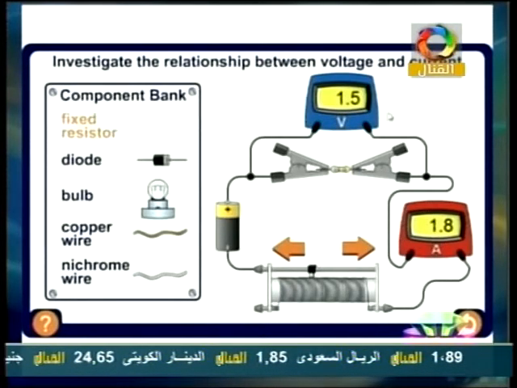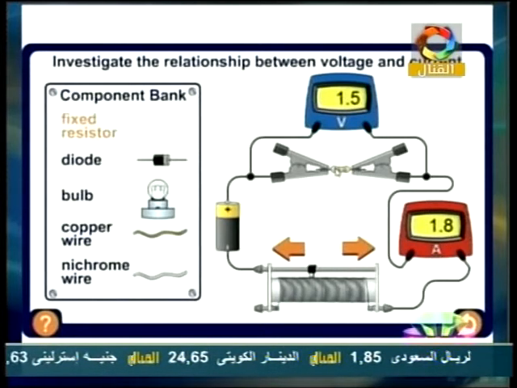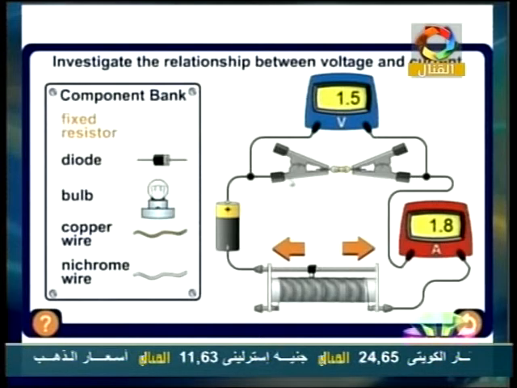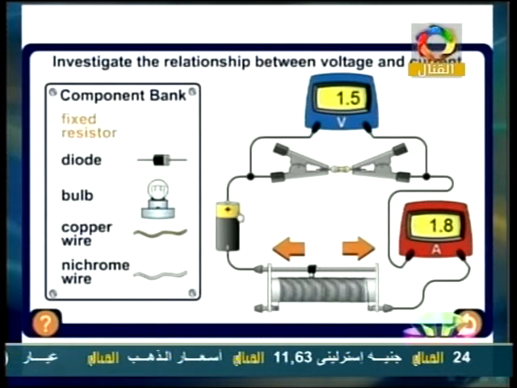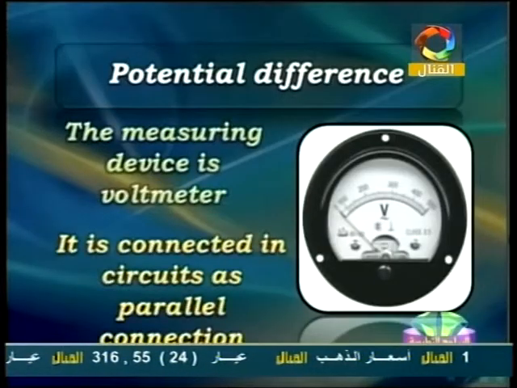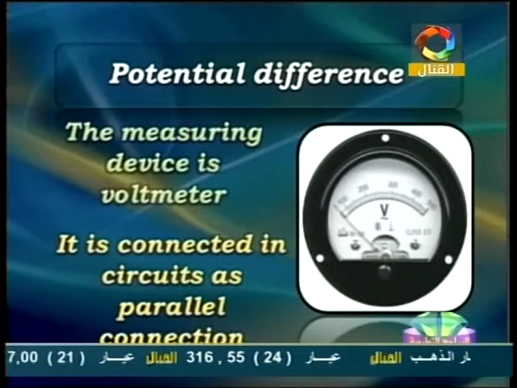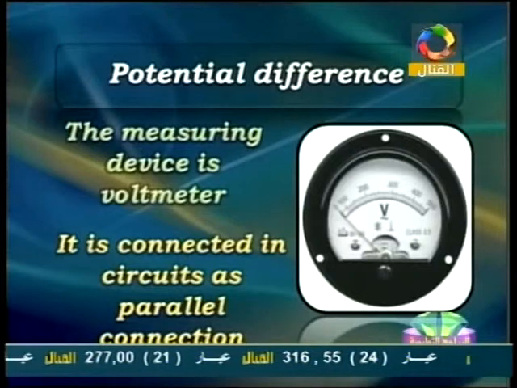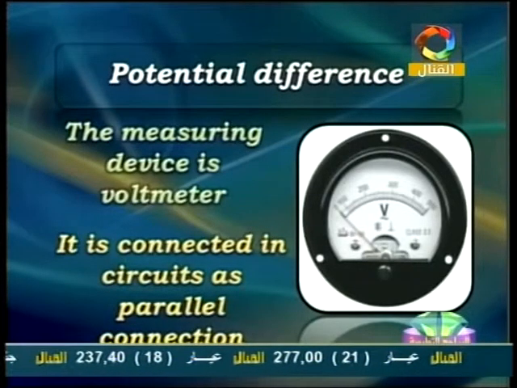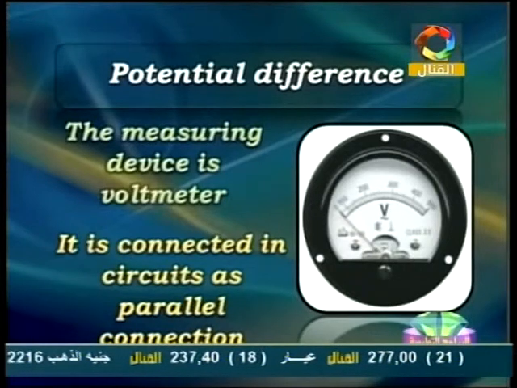What is meant by a parallel connection? It is above the part that passes the electric energy from the positive to the negative. After that, we have the measuring device, the voltmeter. The measuring device of the potential difference is the voltmeter, and this picture represents one of the real voltmeters.